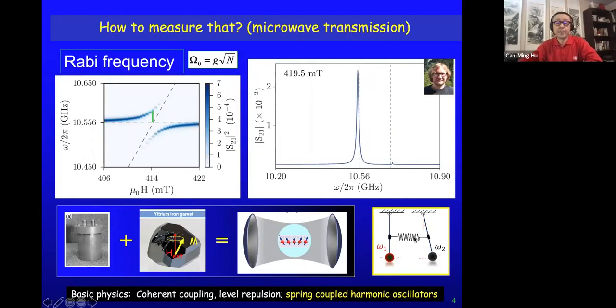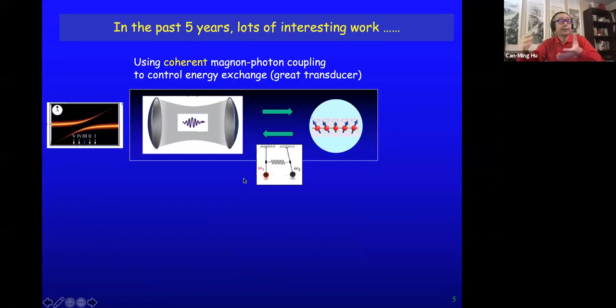As you are familiar with from the coupled harmonic oscillator, you produce a hybridized mode, and the gap between them, as you can see, is typically on the order of several hundred megahertz. And the coupling basically produces a hybridized particle, a quasi-particle, which we now call the cavity magnon polariton.